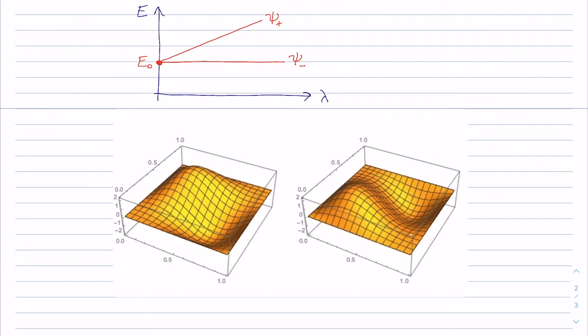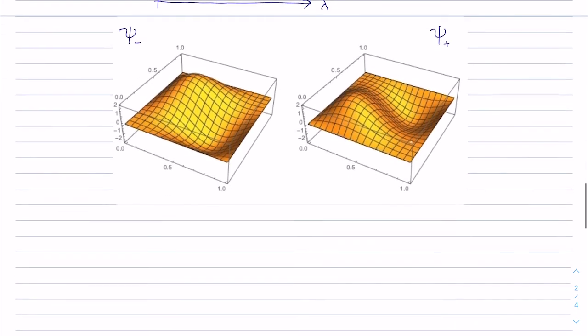Which one's which? The one that has the lower energy is the one where your finger doesn't affect the ground state. So this one here is psi minus. When you put your finger there at A on 4, then it has to push against that perturbation, and so this one here is psi plus. And in this way we see that the degeneracy has been lifted between the two when you have a little perturbation along the line x equals y. So next we're going to do it formally in the next video.